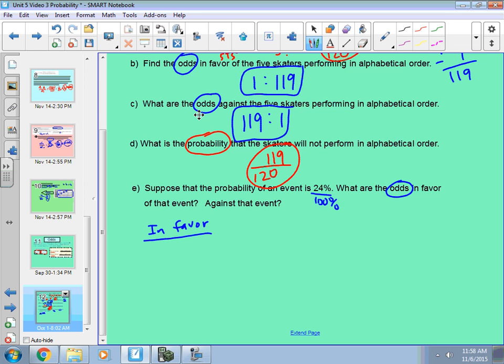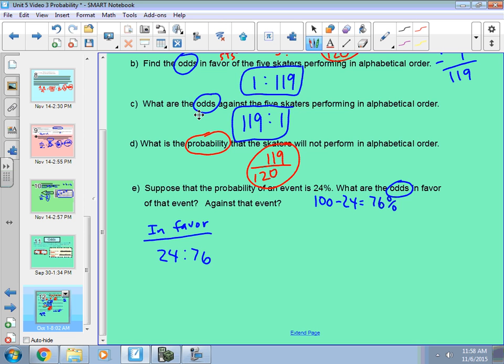So if we take 100 minus 24, the percentage that it doesn't happen would be 76%. So the odds in favor here would be 24% that it does happen compared to 76% that it doesn't happen.